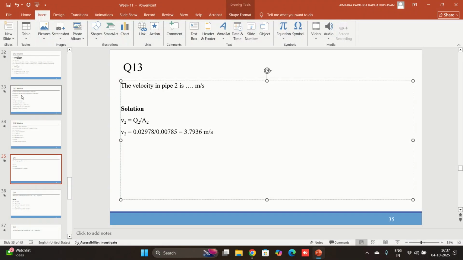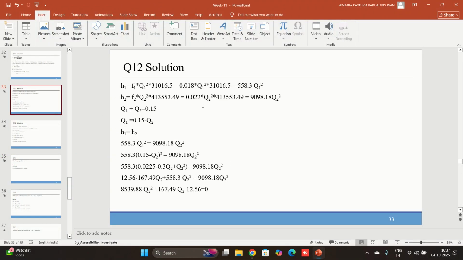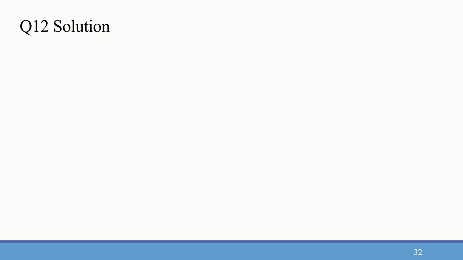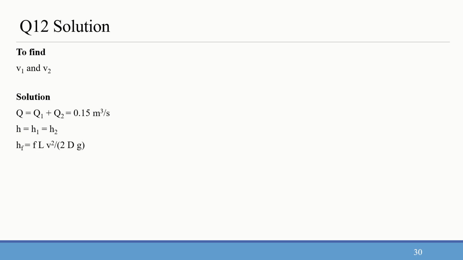I'll give a quick recap because there were a few number changes while we were doing this. First, we write the two equations: Q is equal to Q1 plus Q2 and H1 is equal to H2, and H we know as flv square by 2dg.